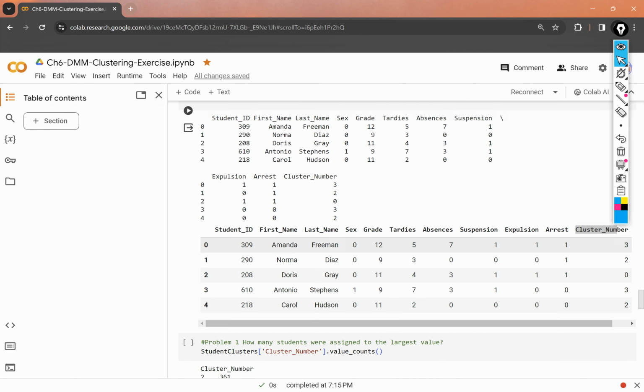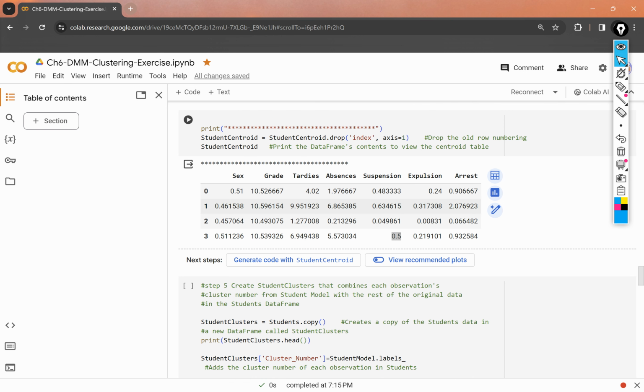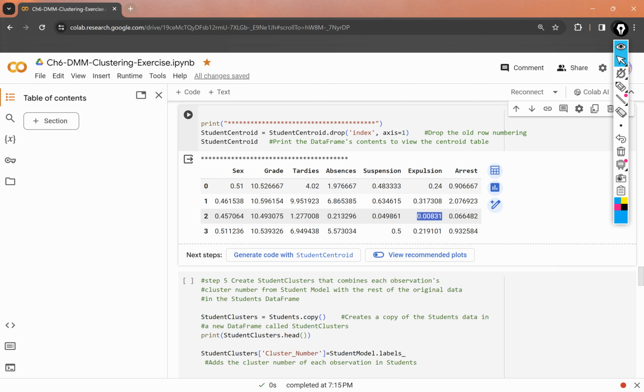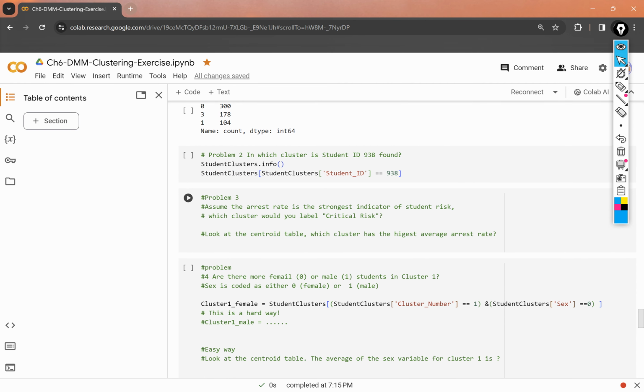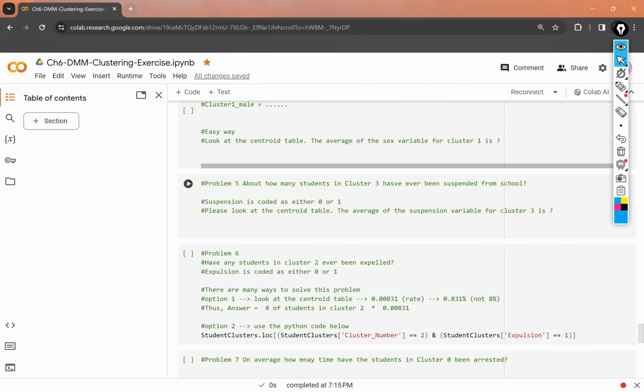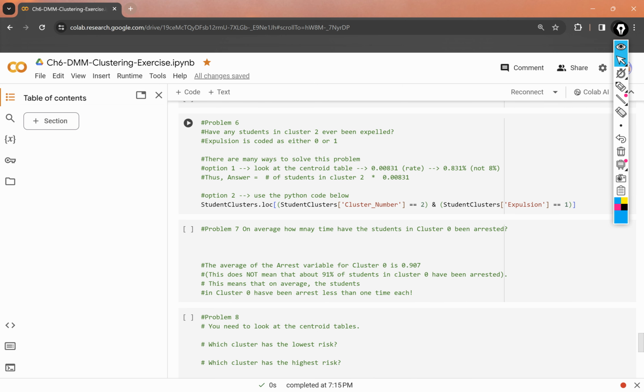The expulsion rate is 0.00831, so that's 0.81%, not 8%. So the answer is the number of students in cluster number 2 multiplied by this rate.